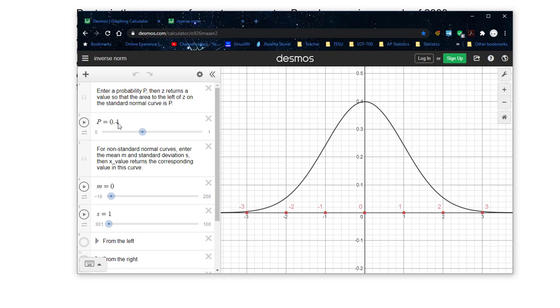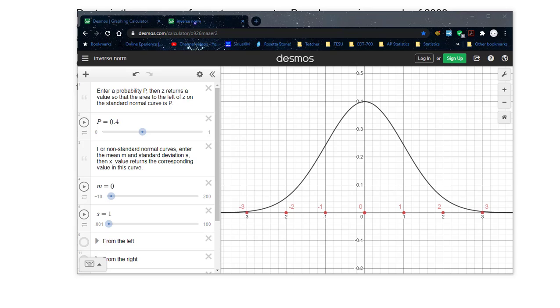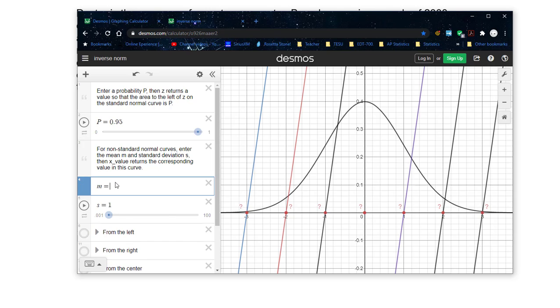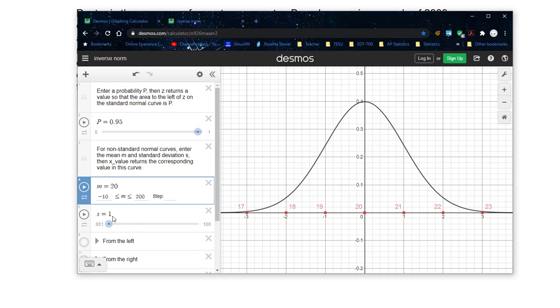Our portion on this is 95%, so we'll go up here and put 95. Our mean value in this case was 20, and our standard deviation was 1.414.